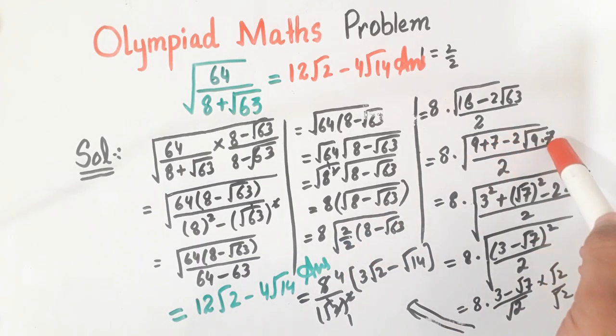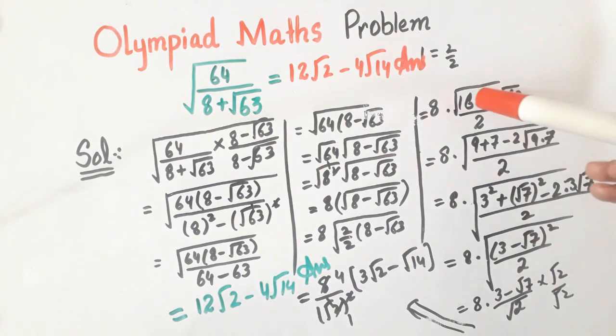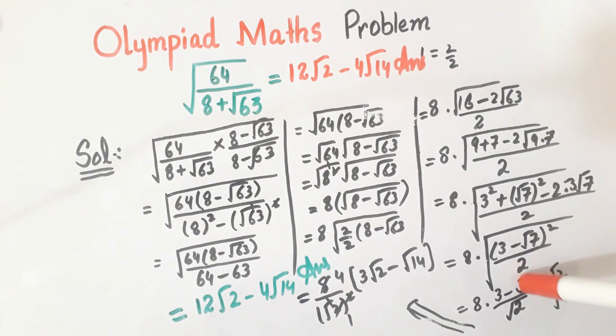Because we have to make a completing square formula for this, and then 16 can be written as 9 plus 7 and 63 can be written as 9 multiply 7. We have made this. After this it will become 3 minus square root 7 whole square formula. Then in the denominator we have square root 2, so multiply and divide by square root 2 and 2. After this we will easily find the final answer.